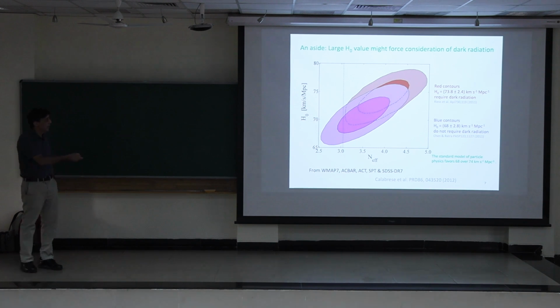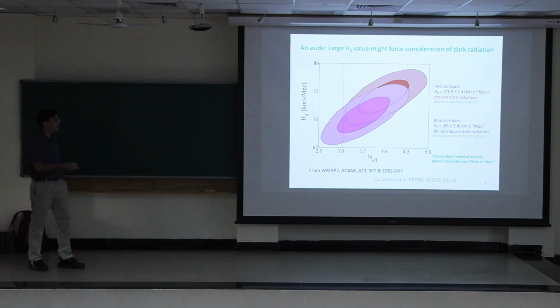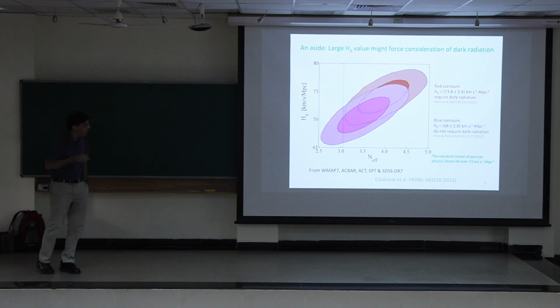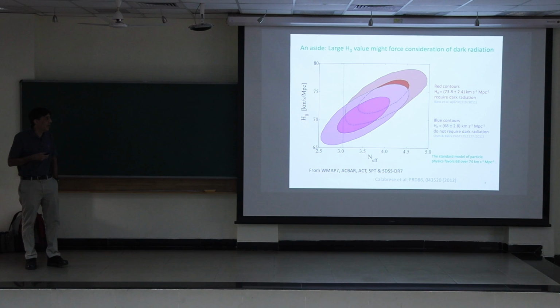We're going to use two different priors, just Gaussians with the central value and the error bars. One is 68 plus or minus 2.8, the one we get from median statistics, and the other is 73.8 plus or minus 2.4, from the Adam Riess group. This is one of their earlier results. They're calibrating on Cepheids and then using supernovae to get into the Hubble flow and measure the Hubble constant.